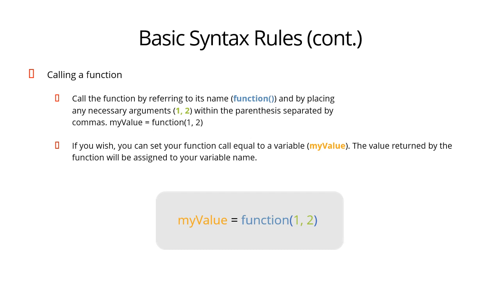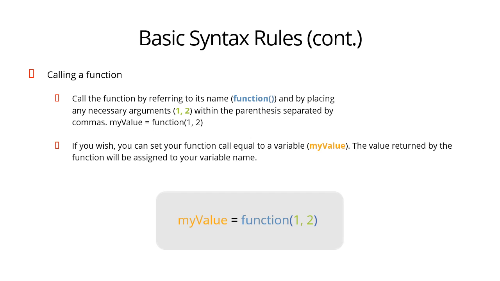Now, we've seen how to define a function. Now, how do you call a function in Python programming? To call a function, we refer to it by its name and place any necessary arguments, say 1, 2, within the parentheses, separated by commas. So my value equals function 1, 2.